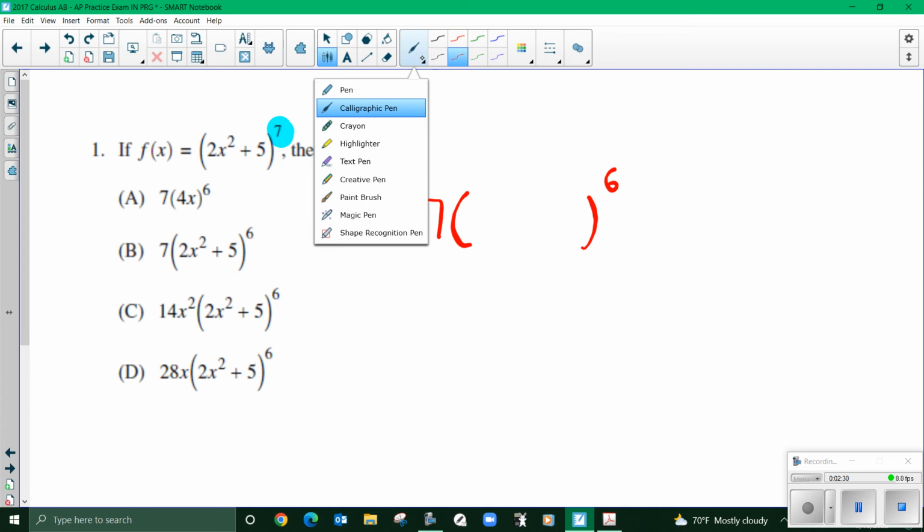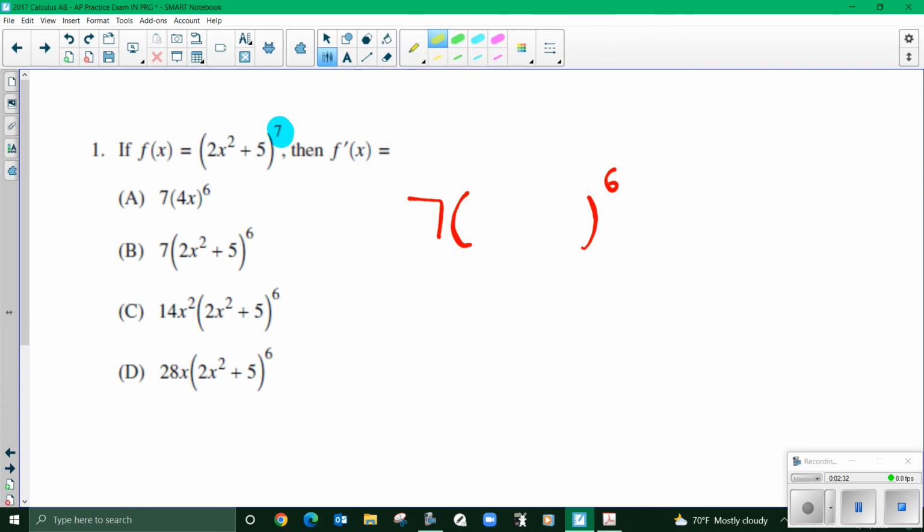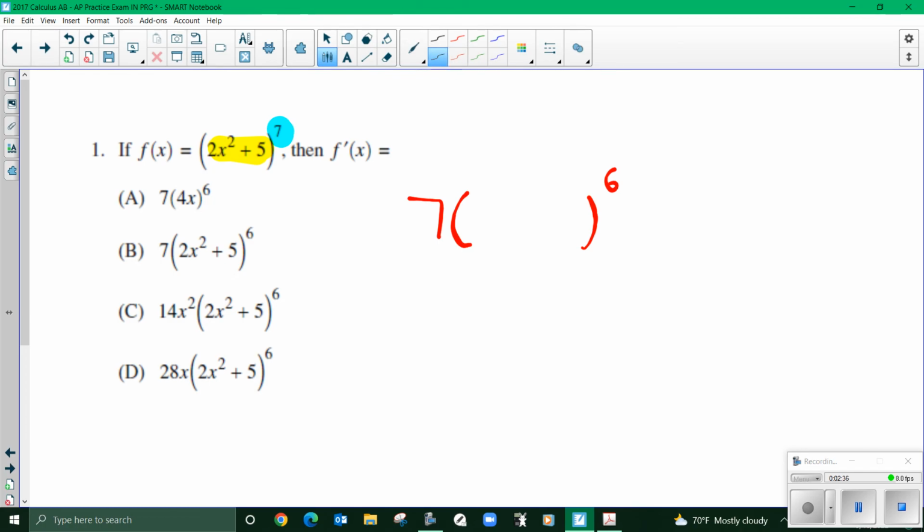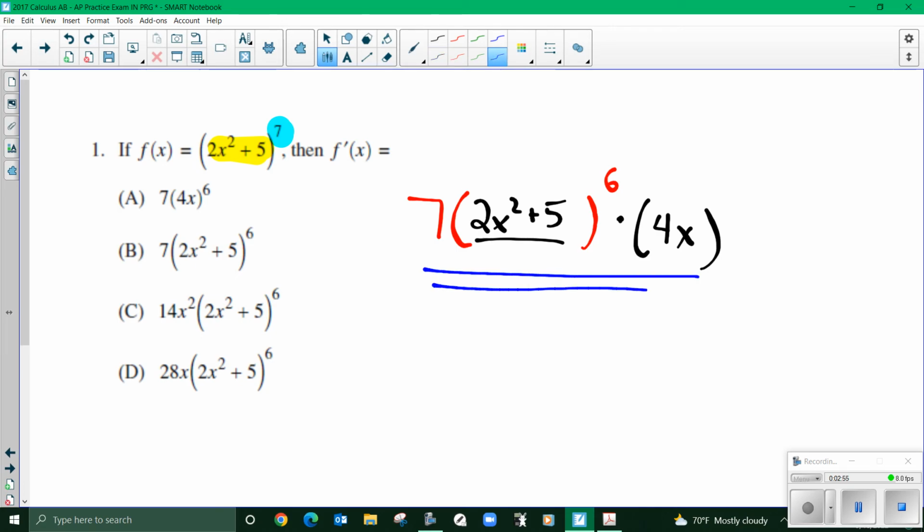As I said, what's inside the parentheses is going to remain the same. So that's going to be 2x squared plus 5. Then we multiply, chain rule, by the derivative of the inside. 4x. That is the derivative of the inside. Notice I don't have any response that currently looks like this.